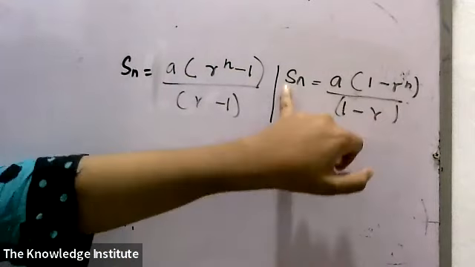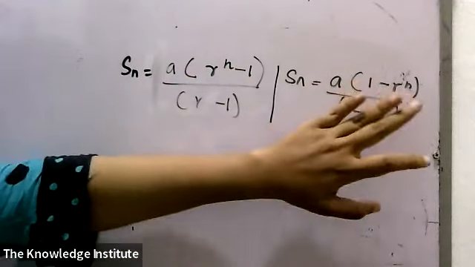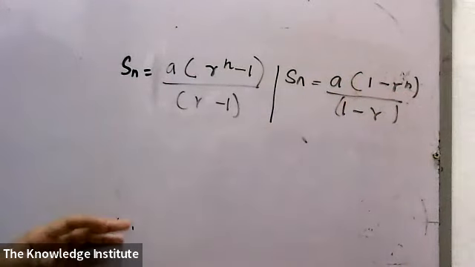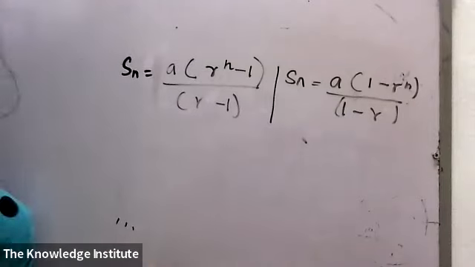Second equation: Sn equal to a times 1 minus r to the power n over 1 minus r. Now if I tell you like this, you won't understand. So I have to use two examples. Before that, can you write this down? Then I will tell you two instances where we use both the equations.